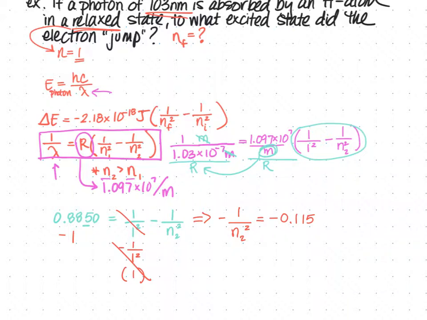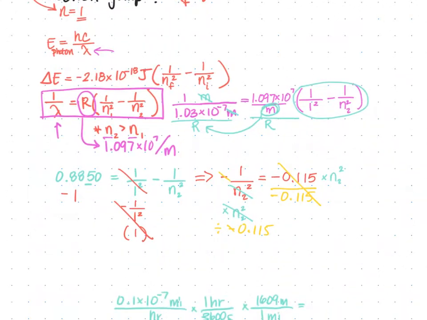I can multiply n over, so times n2 squared. Then I can divide by negative 0.115. Notice that cancels the negative out. Let's pull this up.